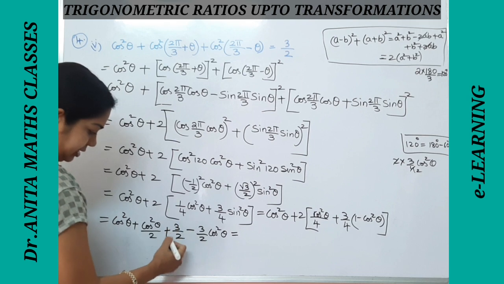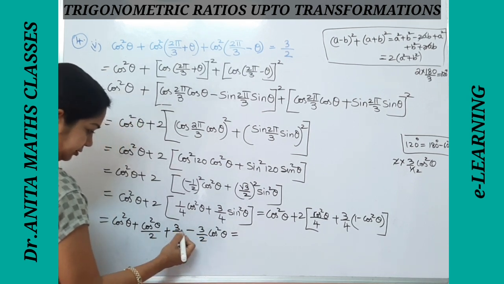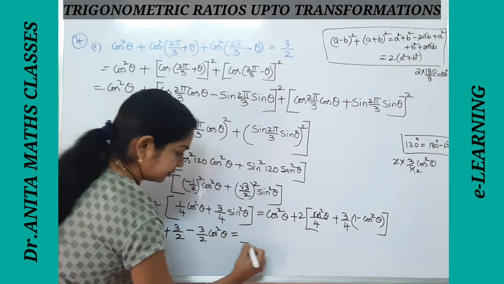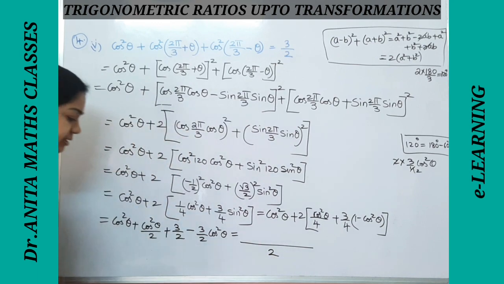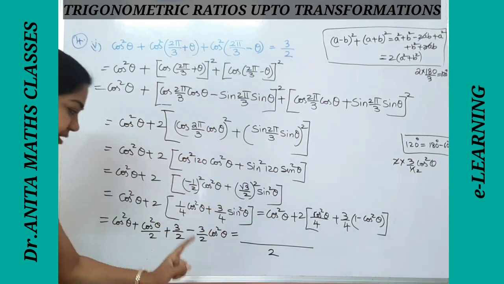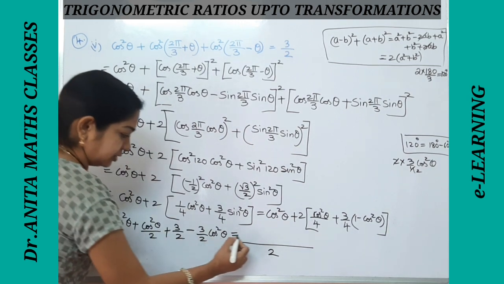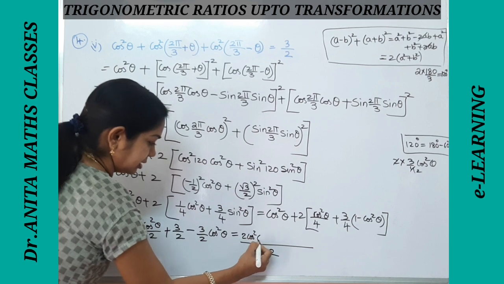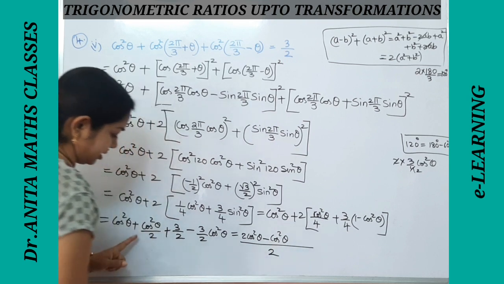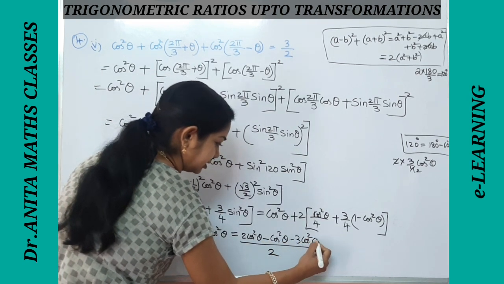Here we can take the LCM, only for these 3 terms. Let us keep 3 by 2 aside, because the answer is 3 by 2, and let us take the LCM for these. So it comes to 2 cos square theta minus here cos square theta, and here minus 3 cos square theta.